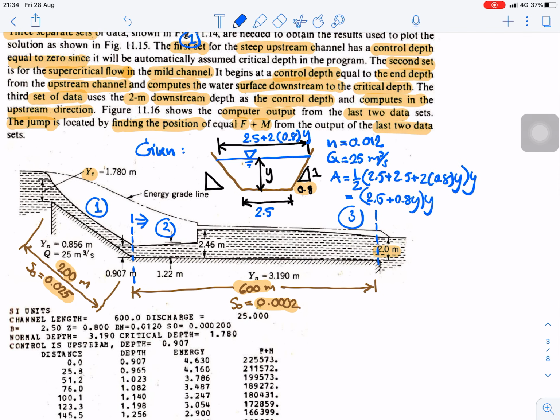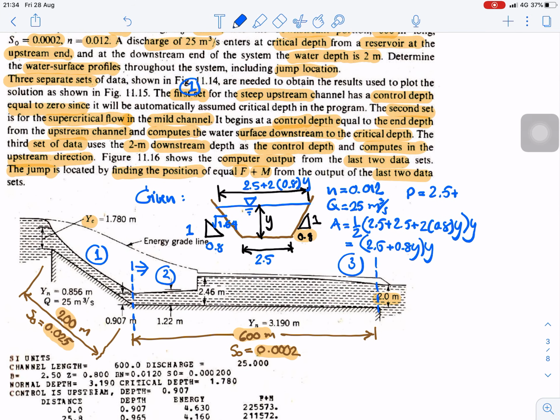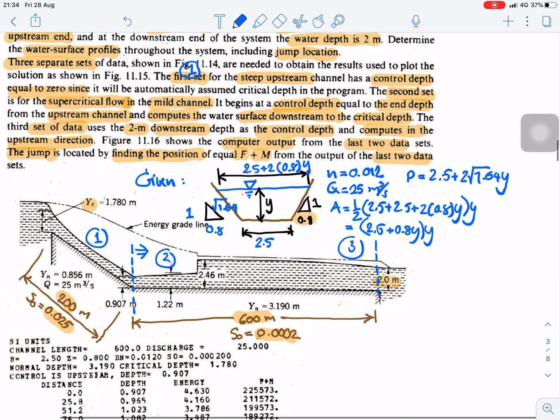And for the wetted perimeter, P is equal to 2.5 plus 2y times the square root of 1.64, since the side slope term is the square root of 1 plus 0.8 squared.